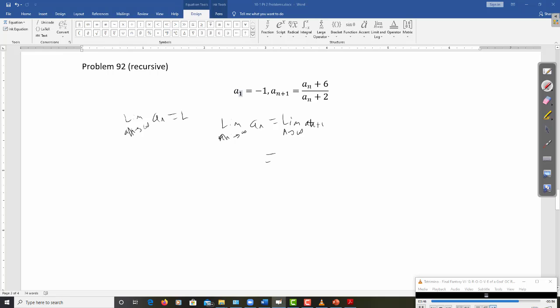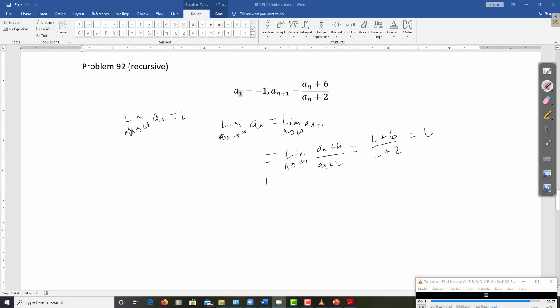So with that in mind, limit as n goes to infinity of a sub n plus 6 over a sub n plus 2 equals L plus 6 over L plus 2, and that equals the limit L.